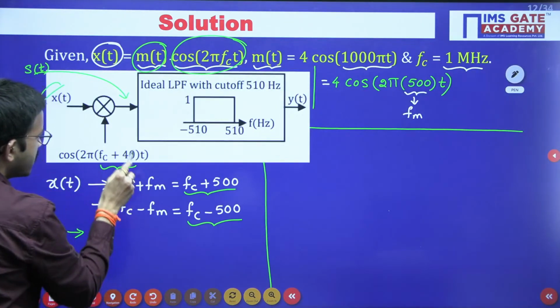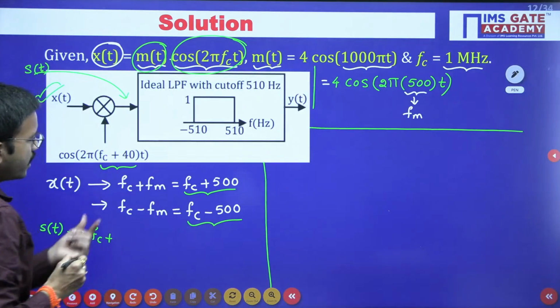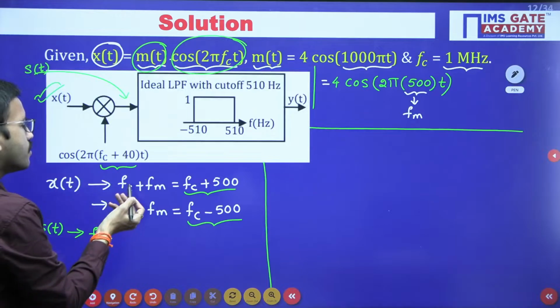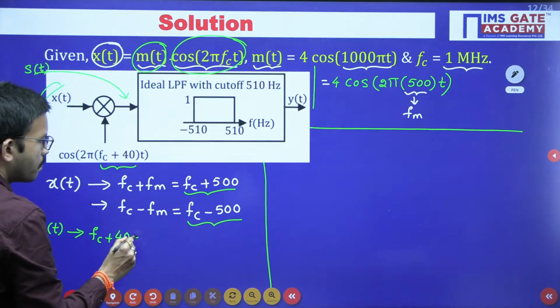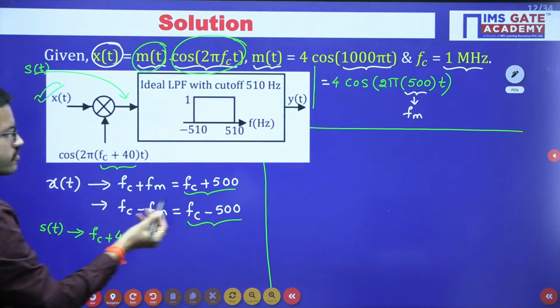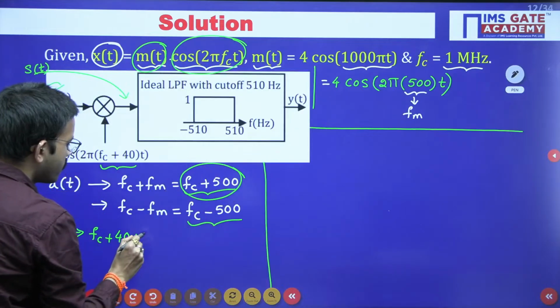Here the carrier frequency is fc plus 40, just like fc plus fm, but in place of fc you have fc plus 40, plus, regarding x of t, let us consider this frequency first, that is fc plus 500.